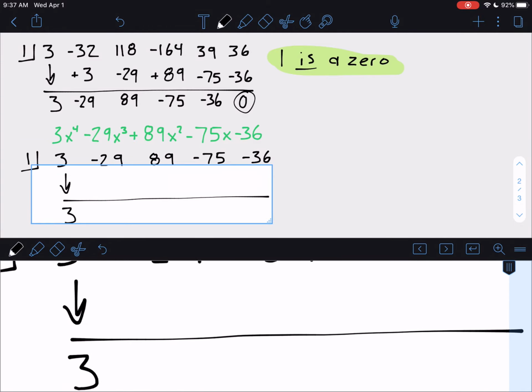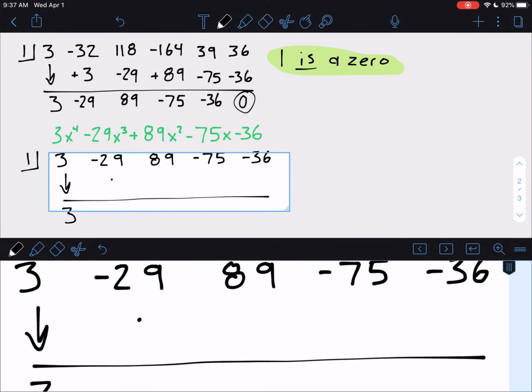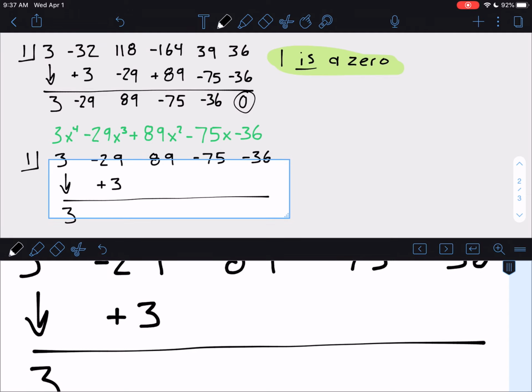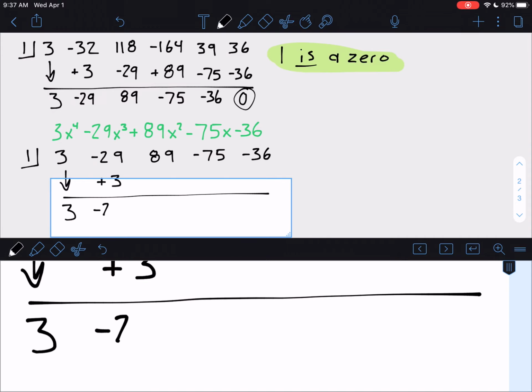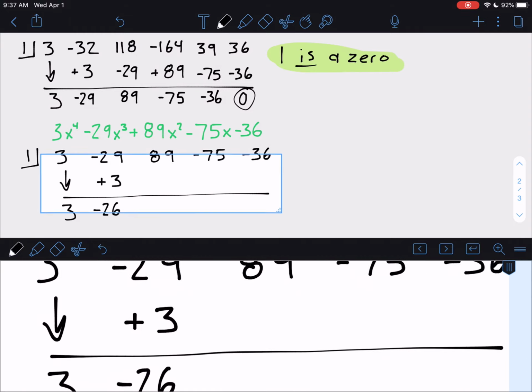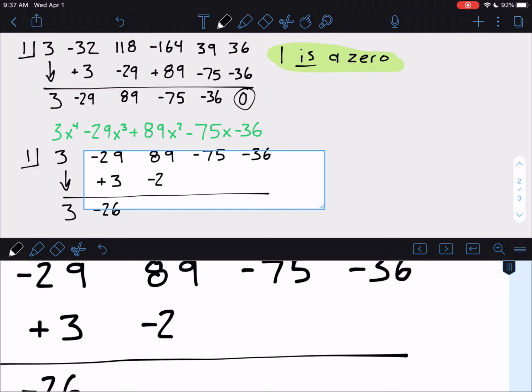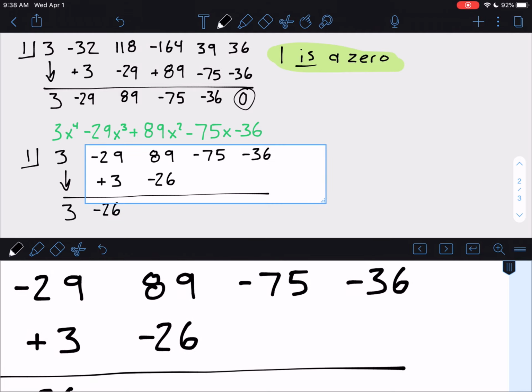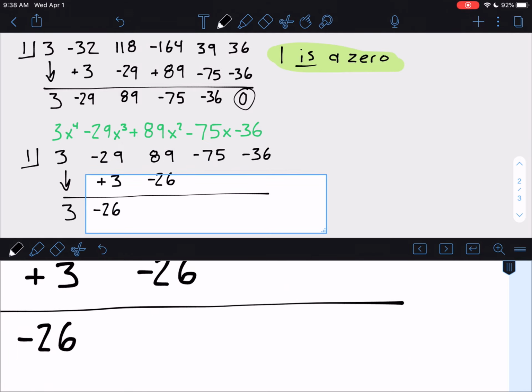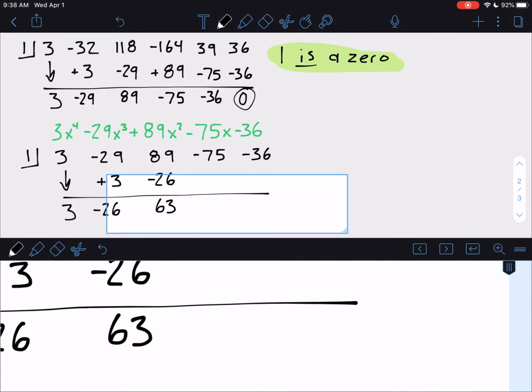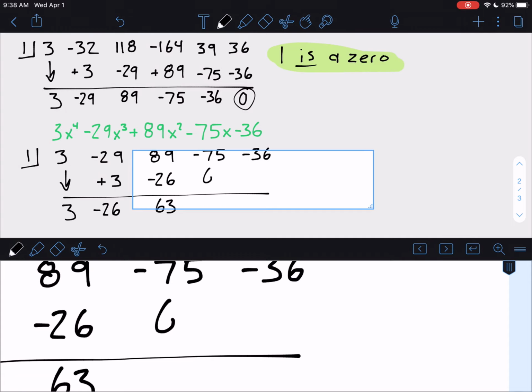And the 1 inside the box times 3 is going to be positive 3. So negative 29 plus 3 is going to be negative 26. 1 in the box times negative 26 is negative 26. 89 minus 26 is going to be 63. So 1 times 63 is positive 63.